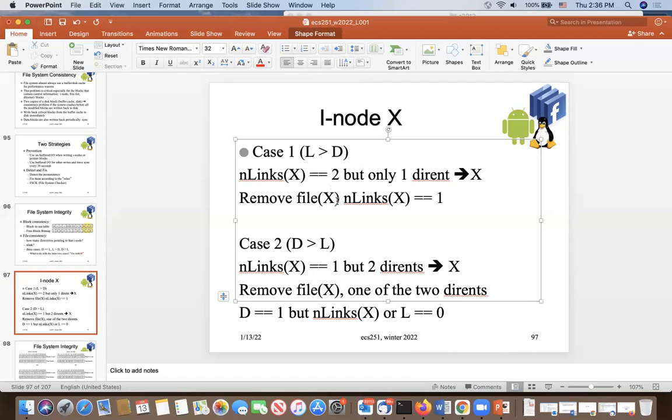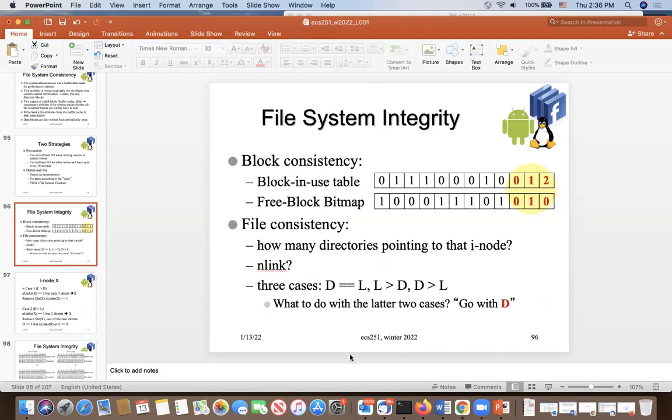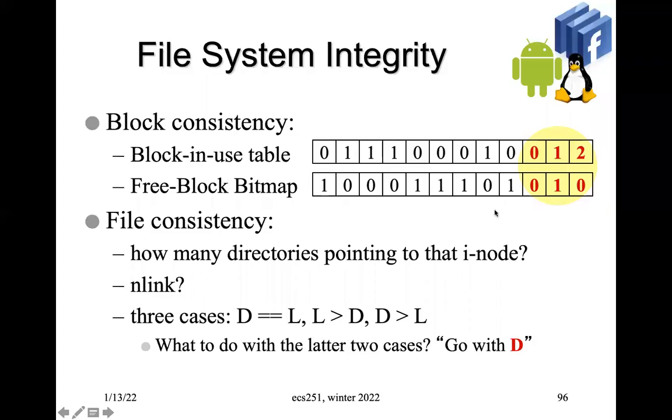So compare these two. One is you're going to lose some disk space, but in the other case, you're going to have lost the whole entire file. Okay, so now let's go back to this particular picture. These two I listed together because they have exactly the same design principle. Both of them are checking two different data structures to see if they're consistent with each other.